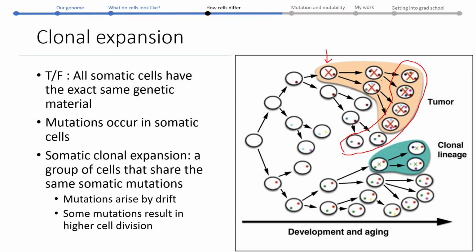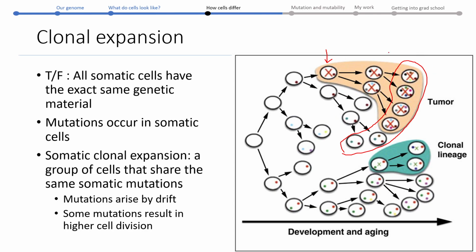It allowed it to divide very, very quickly. So this is how a tumor arises. It begins with a couple of mutations that then rise and divide uncontrollably. However, it's important to understand that just because a cell has a cancer mutation doesn't necessarily mean it has cancer.